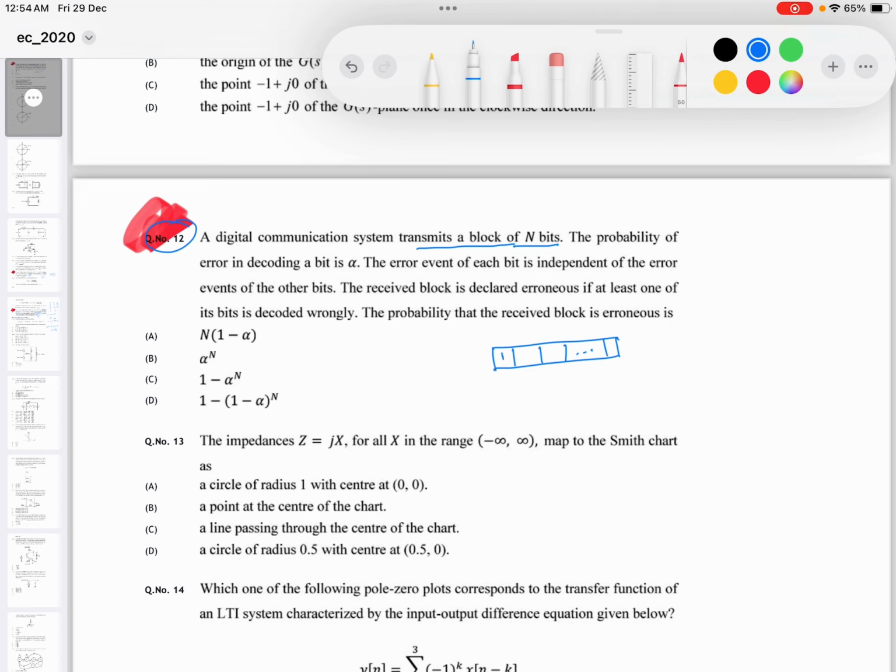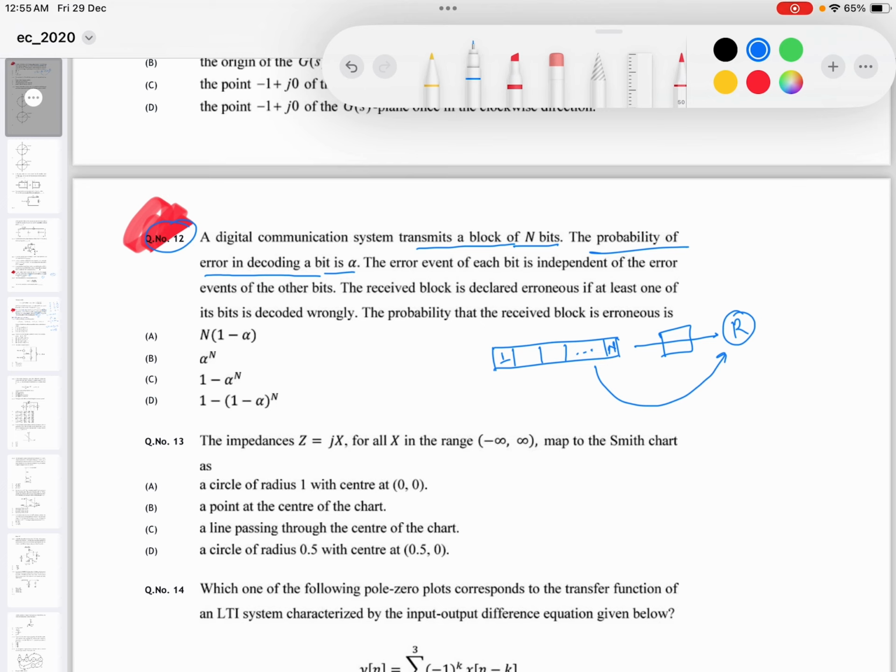The total number of bits is n, and the probability of error in decoding a bit is alpha. So we are transmitting through some channel, and at the receiver side we are decoding these bits.